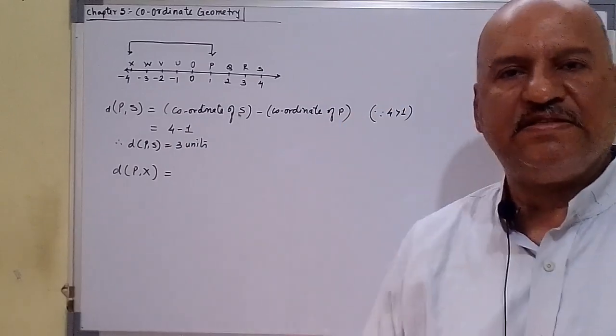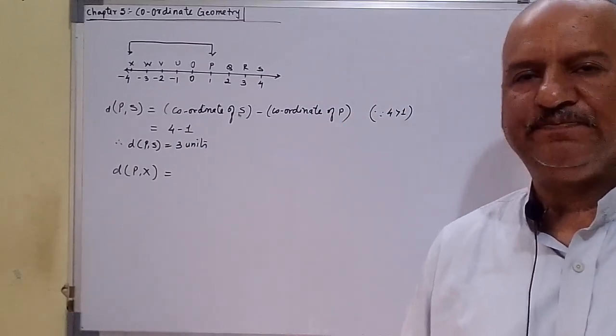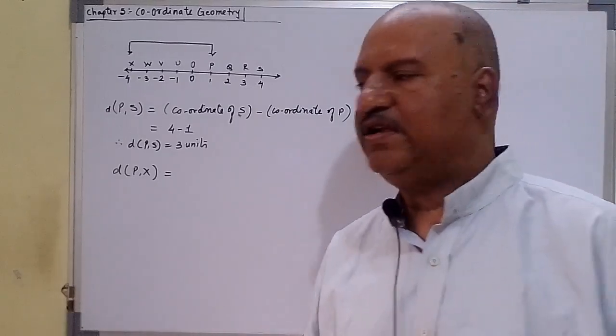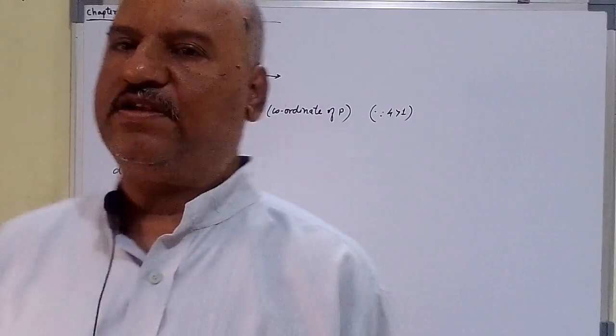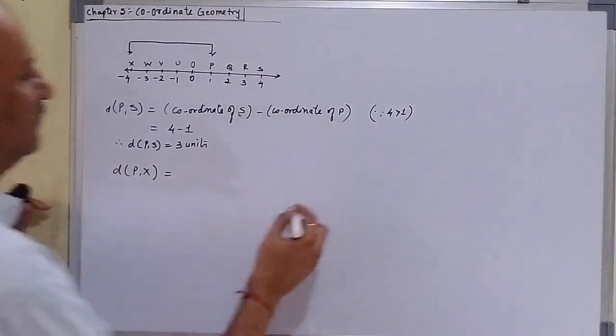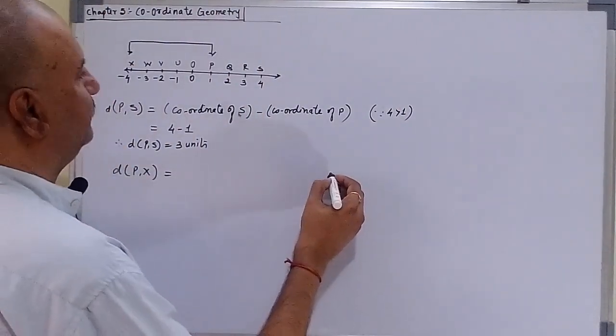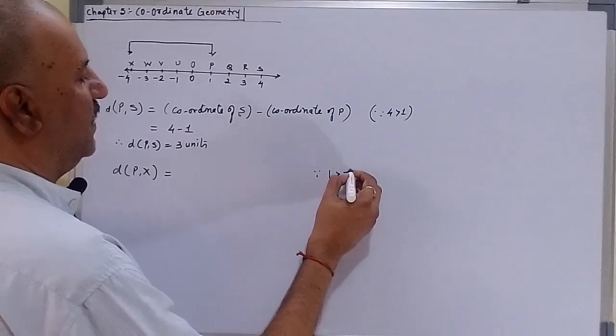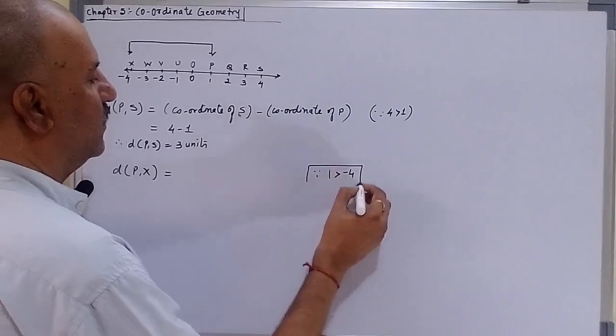How to find the distance here? Same way, we take the greater coordinate. The greater coordinate here is 1. 1 is greater than minus 4.